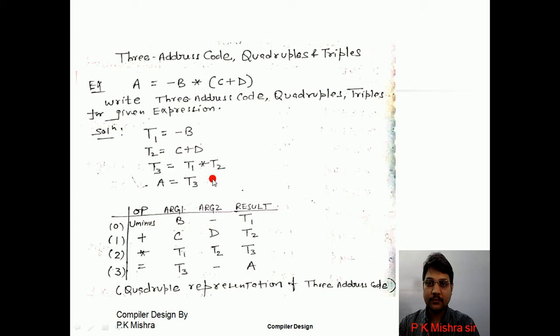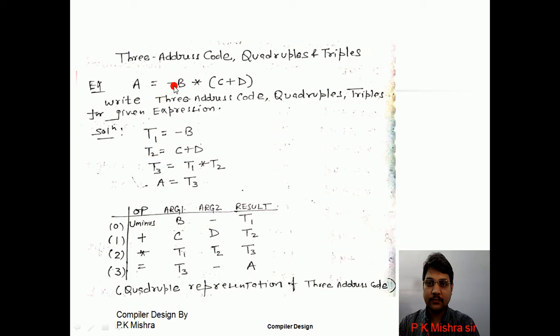See how we write three address code for this expression. We take some temporary variables t1, t2 and t3. First assign unary minus b to temporary variable t1. Now assign c plus d to another temporary variable t2.